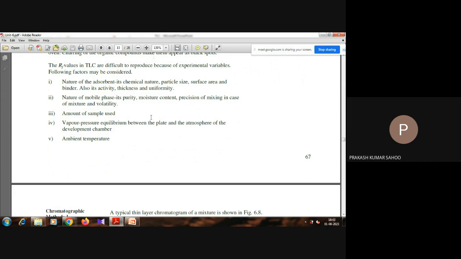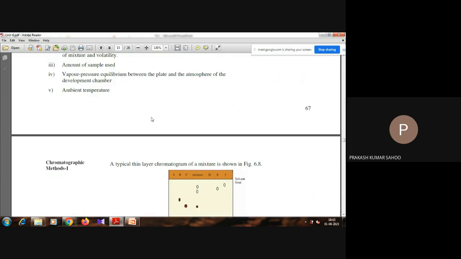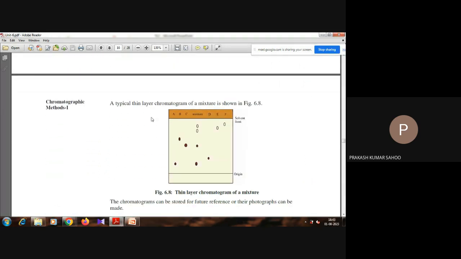The adsorbent, that is the TLC plate, is the stationary phase. It also depends upon the mobile phase: its purity, moisture content, precision of mixing in case of a mixture, and volatility. Next is the amount of sample used. Then the vapor pressure equilibrium between the plate and the atmosphere of the developer chamber. The last one is the ambient temperature, which is also a factor that affects the RF value.